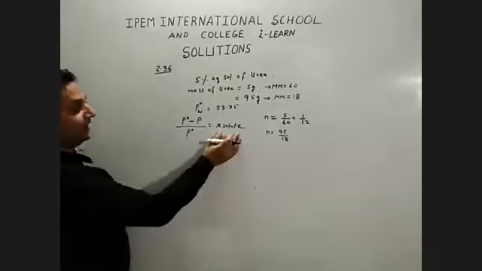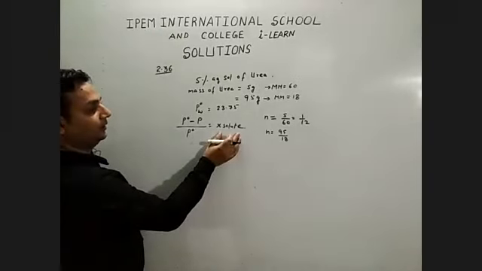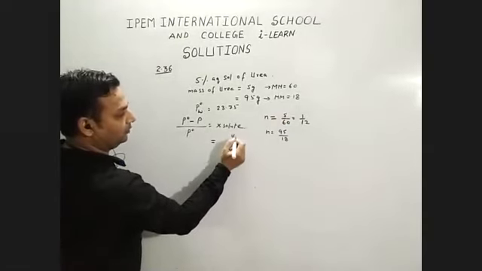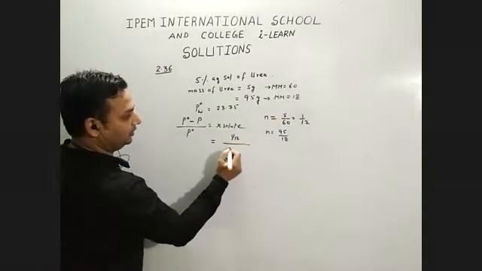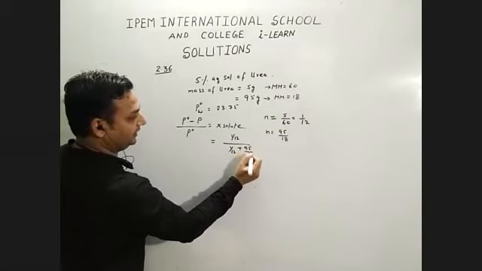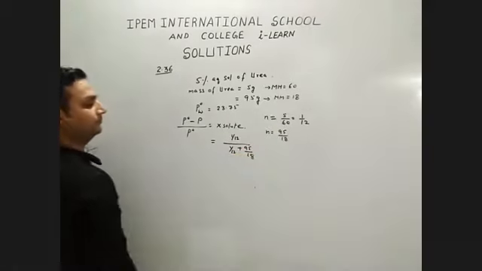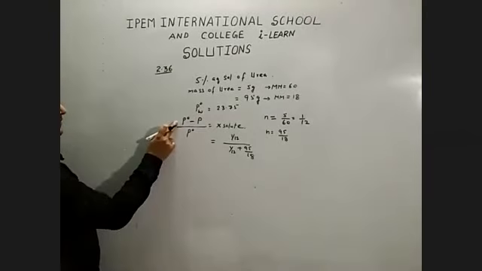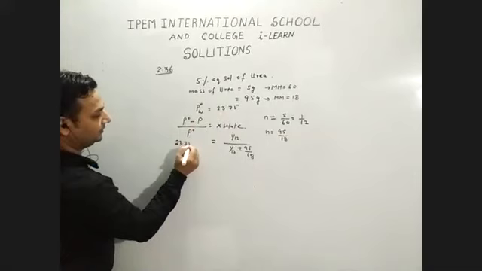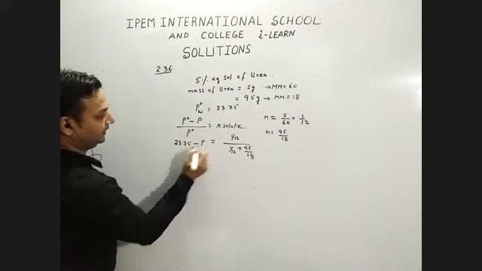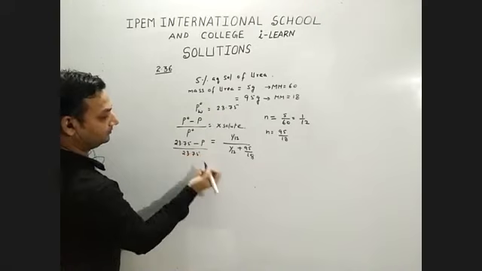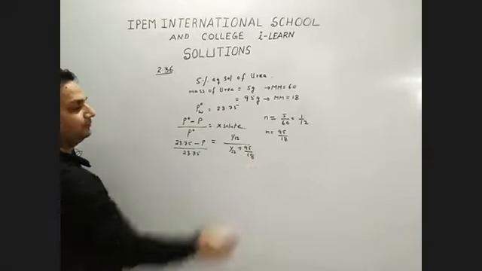So mole fraction of solute will be 1 upon 12 upon (1 upon 12 plus 95 upon 18). This equals (23.75 minus P) upon 23.75. Solve this value.